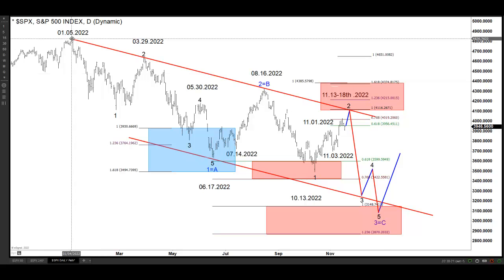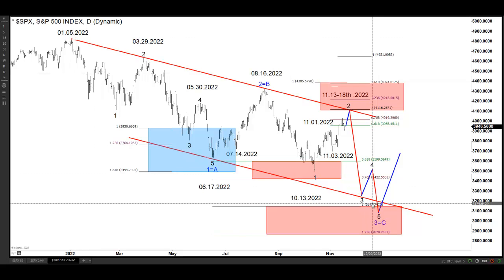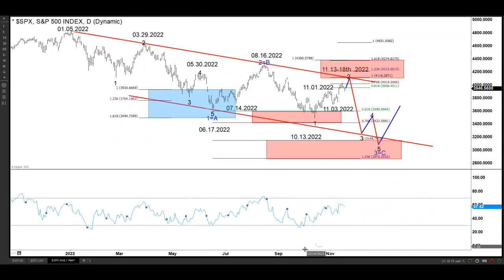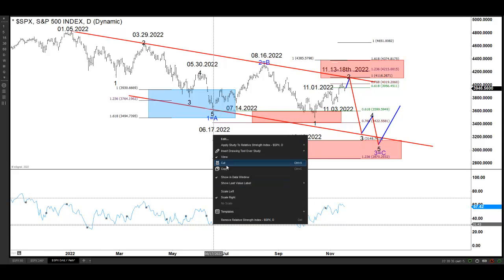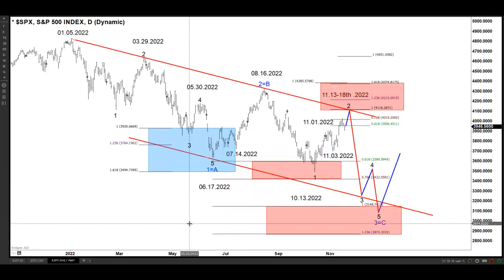From here, at 31.48, it can be completed. Why? Because the decline comes without RSI divergences. So this is a lower low than this one, which can mean a correction completed at this stage. It's very weak at this moment, to be honest with you guys.